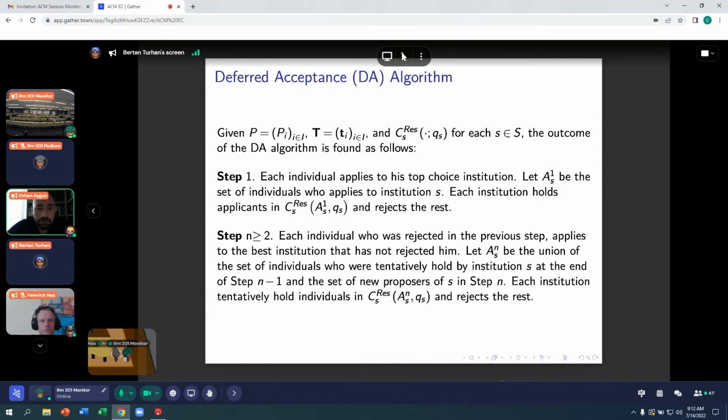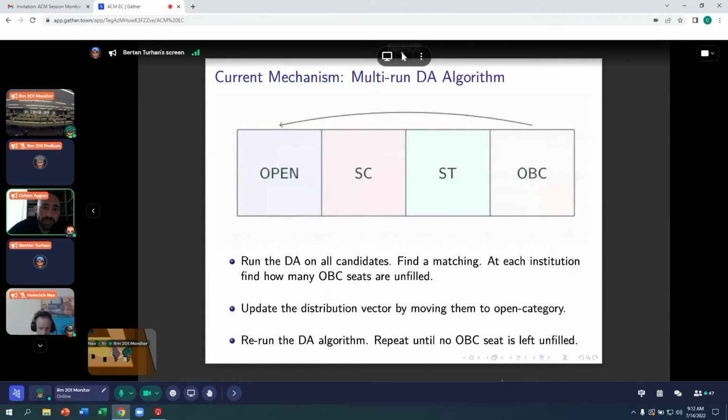If we have no reallocation or dereservation policy, then the problem is solved. But as you may remember from the fourth legal requirement, unused OBC seats must be turned to open seats. And Baswana et al. solved this problem by rerunning the deferred acceptance algorithm.